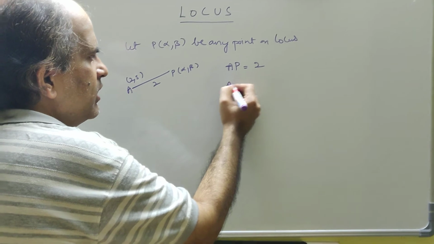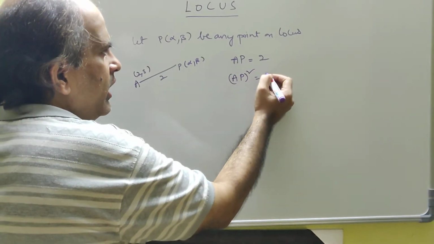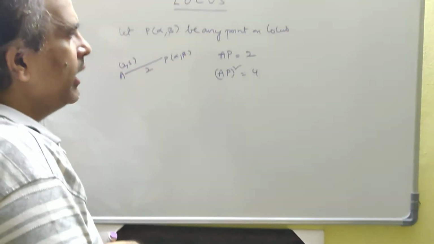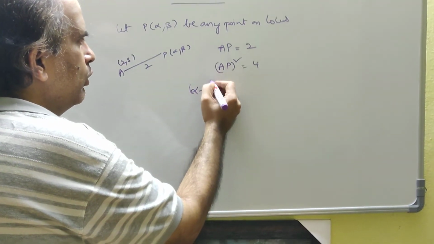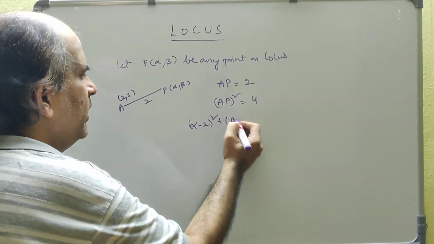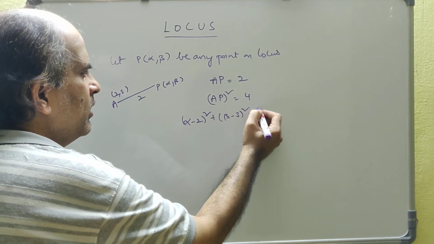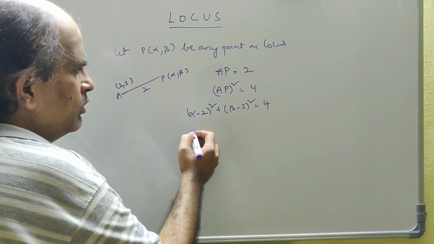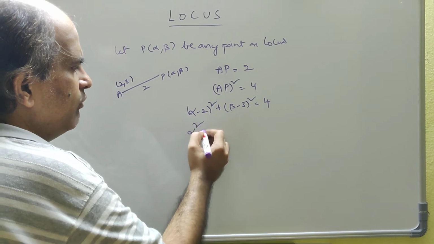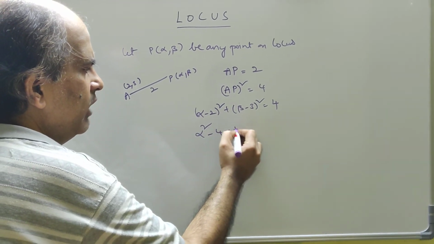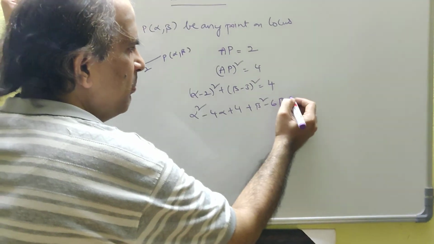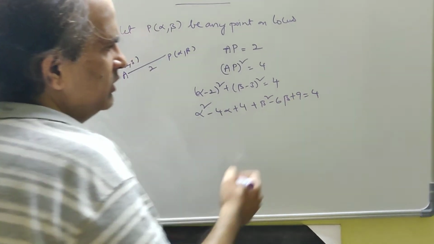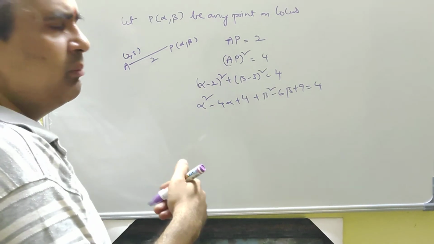Now, if I square on both sides, AP square equals 4, meaning I am just using the distance formula here. So, alpha minus 2 whole square plus beta minus 3 whole square equals 4. Expanding this one, alpha square minus 4 alpha plus 4 plus beta square minus 6 beta plus 9 equals 4. I am just expanding it using a minus b whole square.